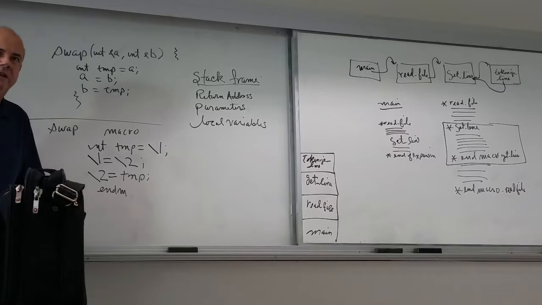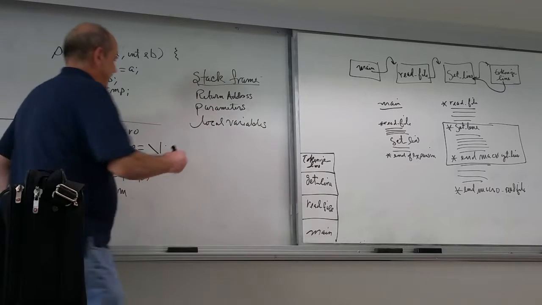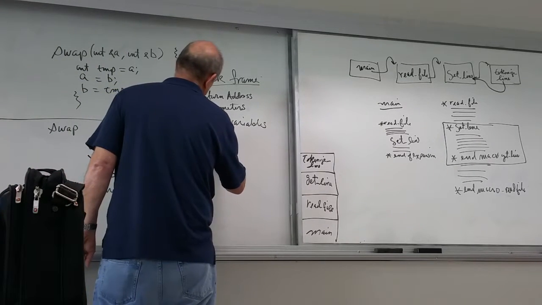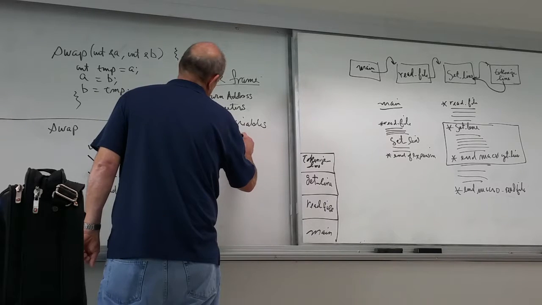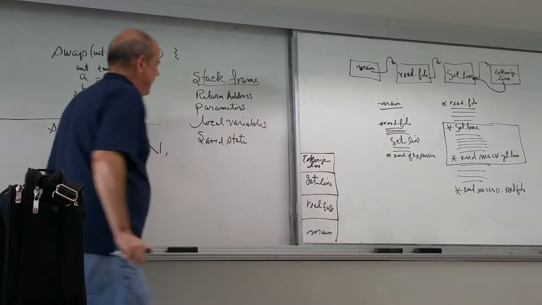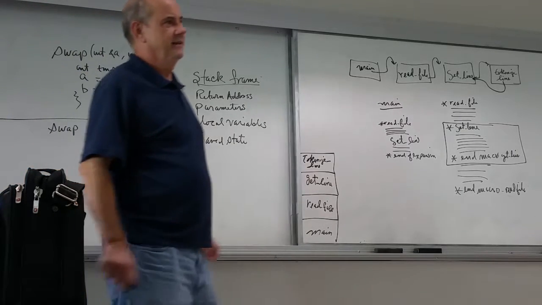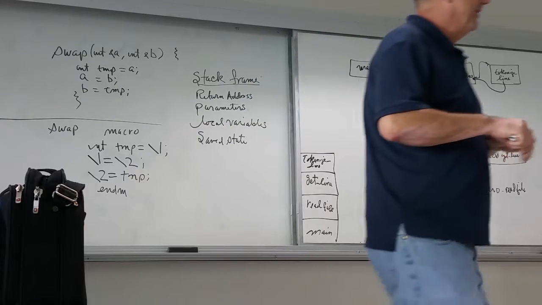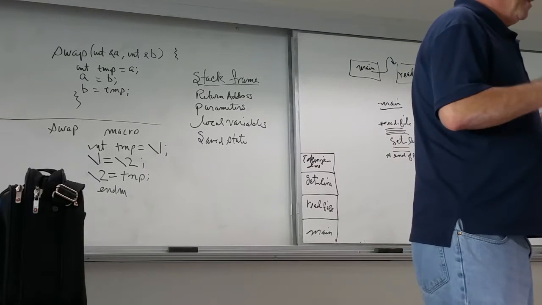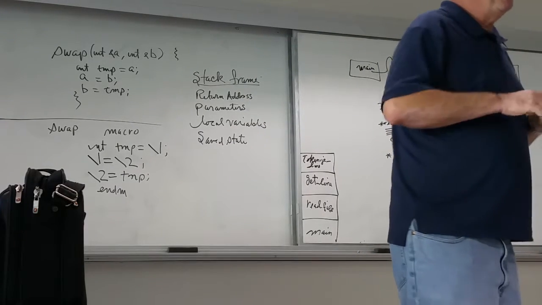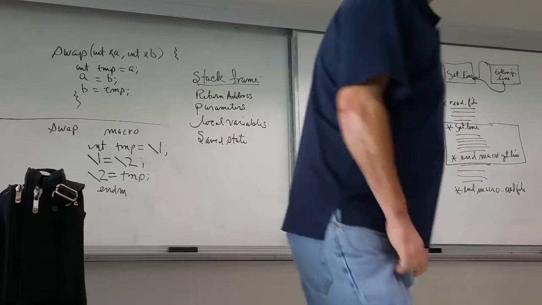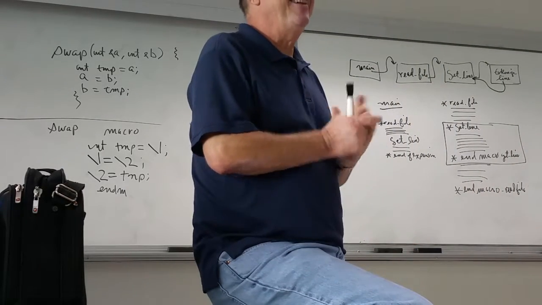Think low-level stuff. Saved state. Whoa, what's saved state? Robert, what's saved state? You got this look on your face like I know exactly where he's going. I'm picking on you. You don't have to answer that.